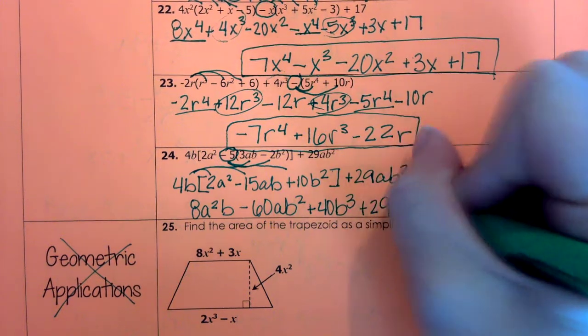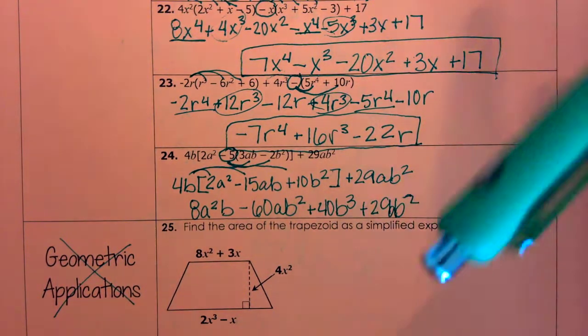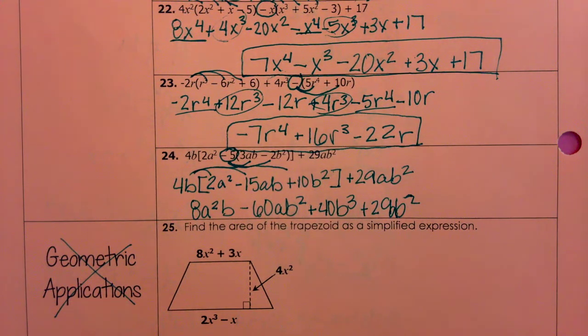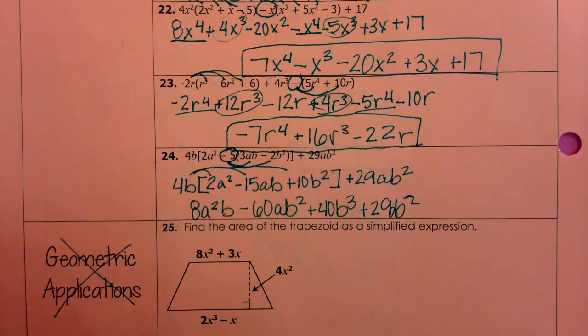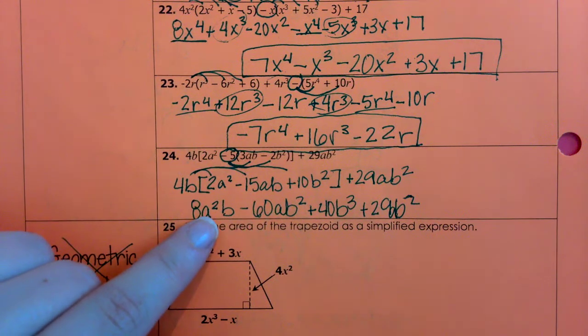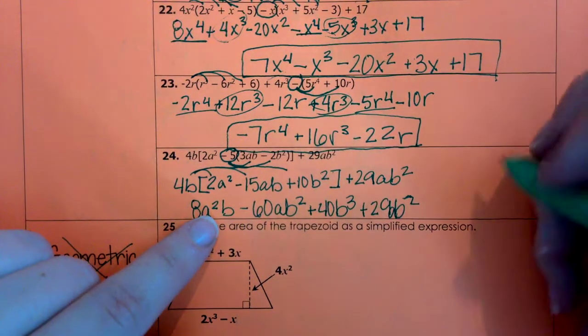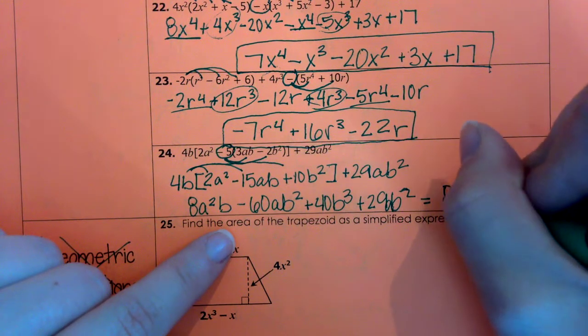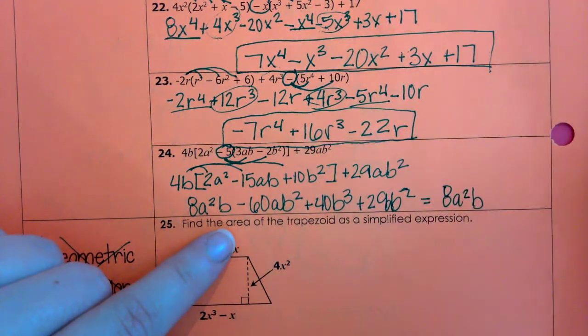Okay. Now what we have going on is we need to simplify and combine our like terms. Remember, it goes in alphabetical order. So I need to look at my a exponents. Well, I see that I have an 8a squared there. So that's what's going to start me off on my final answer. I'm going to have 8a squared b.